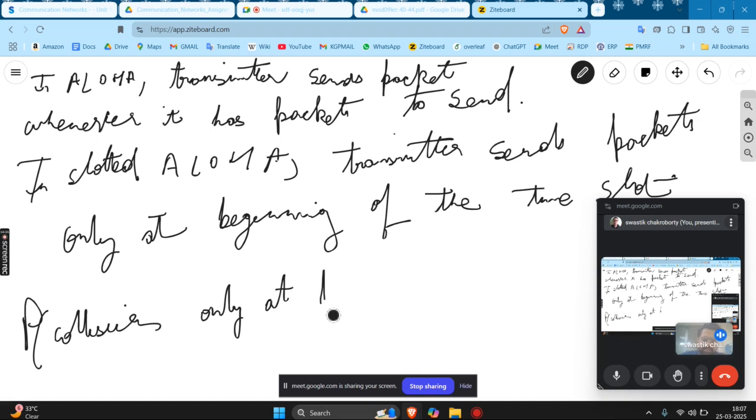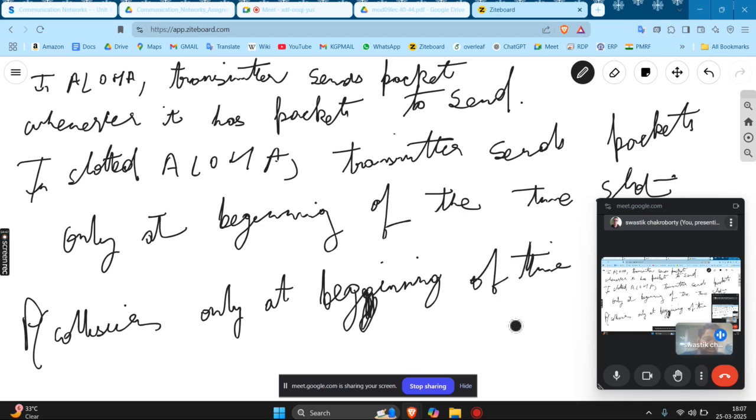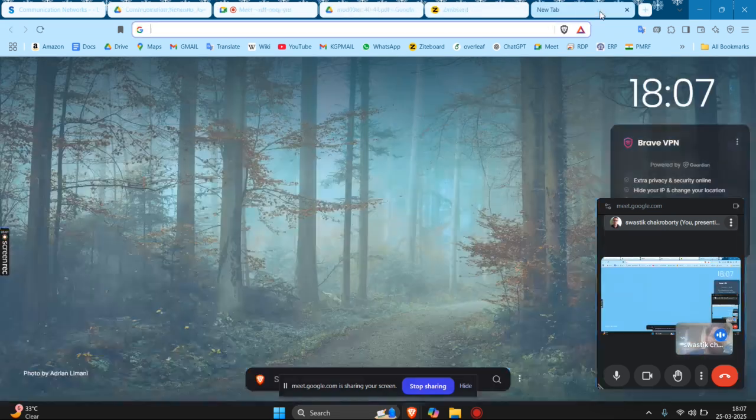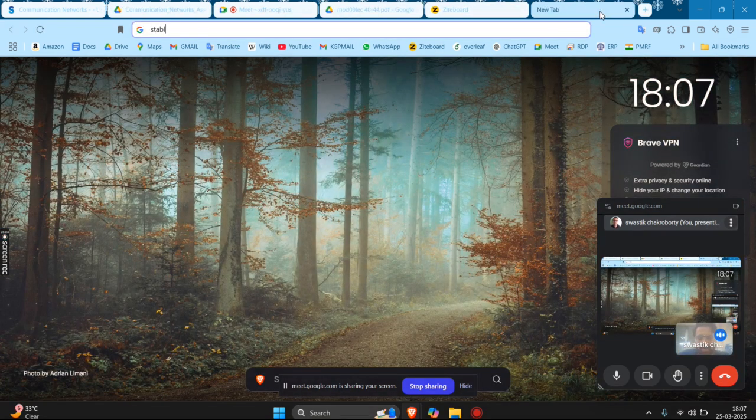Instead of collisions happening anytime, in slotted ALOHA the collisions are being controlled by only allowing them to happen at the beginning of time slots. So if a packet safely passes the beginning of the time slot without collision, then it is guaranteed to reach the receiver without further collisions. So this is slotted ALOHA. Now we will go to a further improved version of slotted ALOHA called stabilized slotted ALOHA.